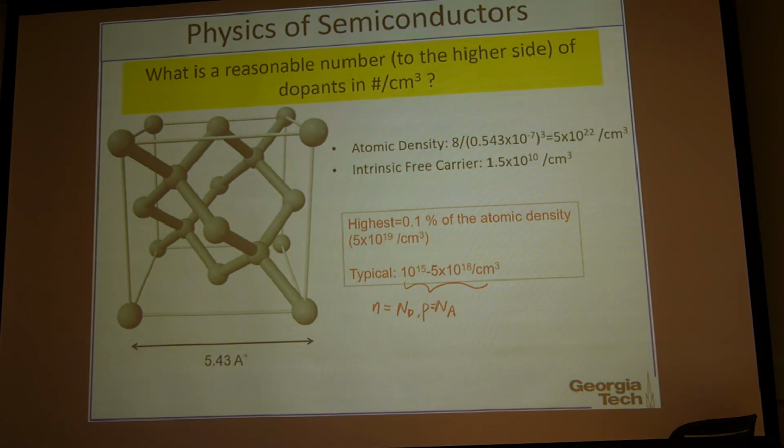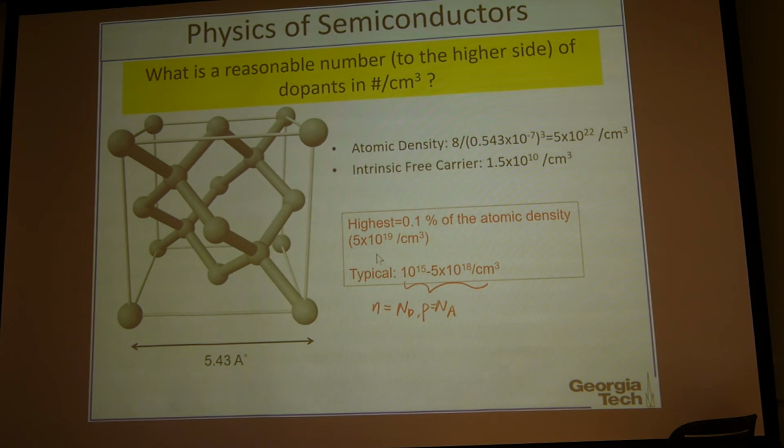So what is the high end for the doping? Here the highest is about 0.1% of the atomic density of silicon. Because this is the atomic density, 0.1% of that will be roughly 5 times 10 to the power 19 per cubic centimeter.